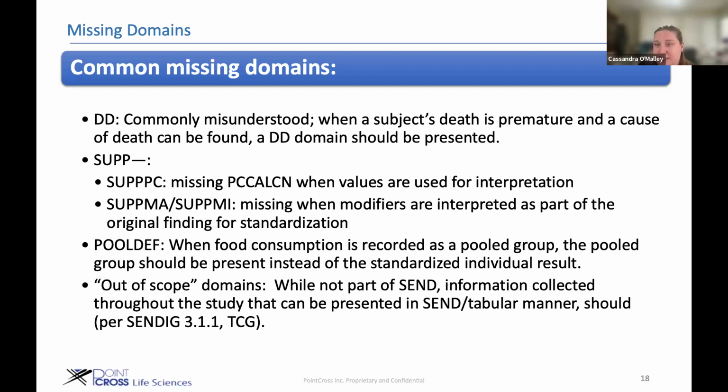This is per the SENDIG 3.1.1, the TCG. If you have information such as ADA that is necessary to include and is necessary for evaluation, these should be included in the appropriate domains as per the white papers, the technical conformance guide, the SENDIG implementation, etc.